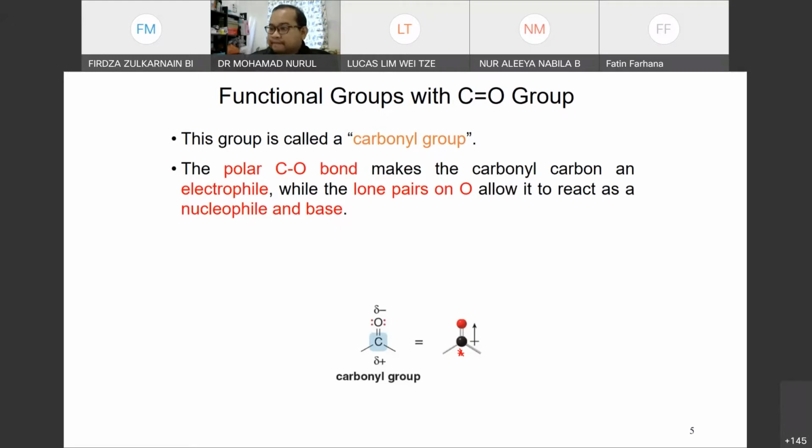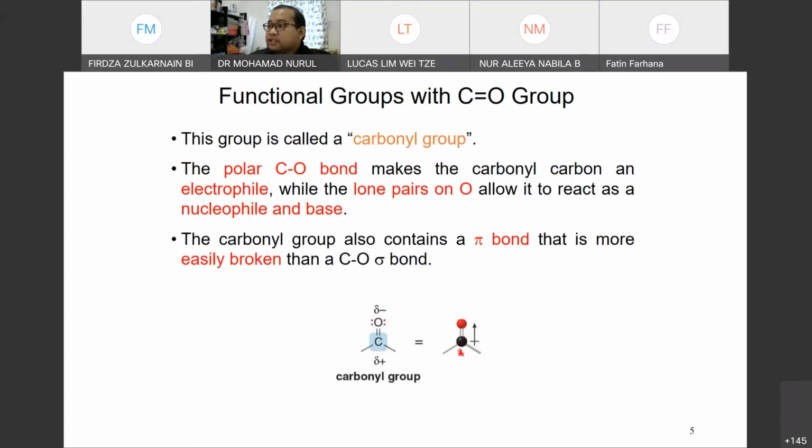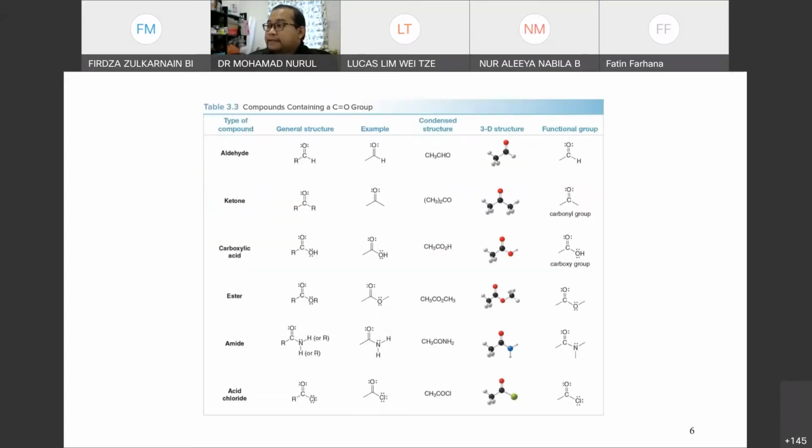It can also be a Lewis acid, because it interacts more with the nucleophile or Lewis base. These are examples: aldehydes, ketones, which are carbonyl groups, carboxylic acids, esters, and amides. The difference between ester and amide is this functional group.